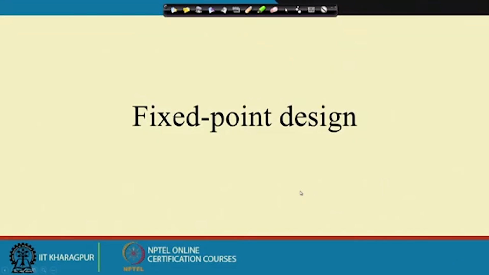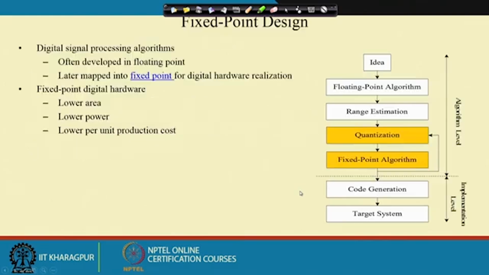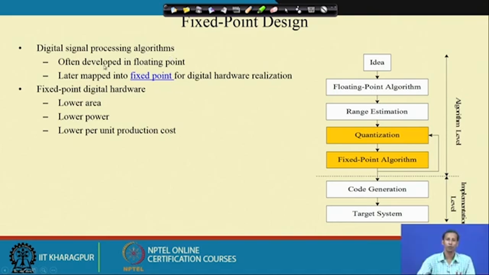So, the topic name is fixed point design. The first thing is that we mostly use this for DSP algorithms. Okay. In DSP algorithms, mostly they are developed in the floating point domain.